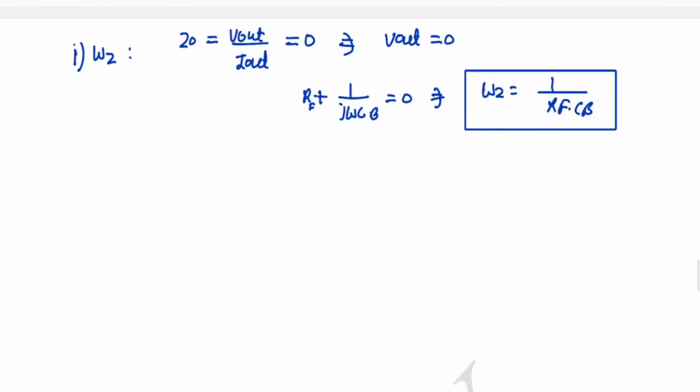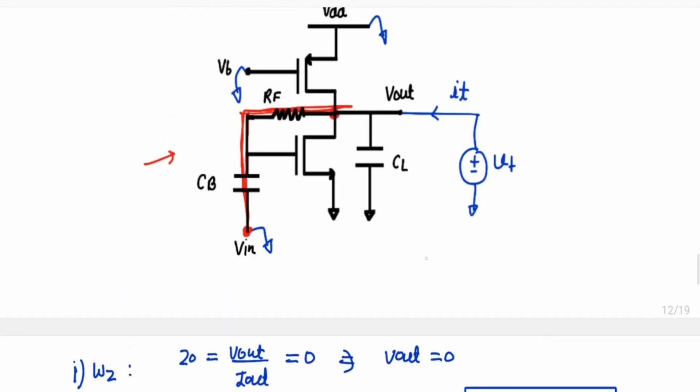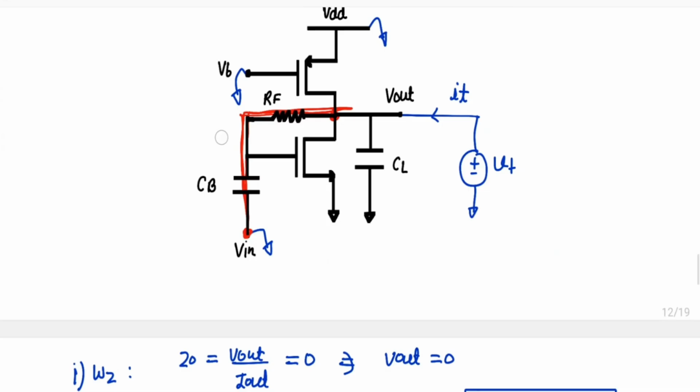Now omega P1. So what will be omega P1? Z out will be infinite, so I out will be 0. In this case again this capacitance will still be open, and our I out is 0.